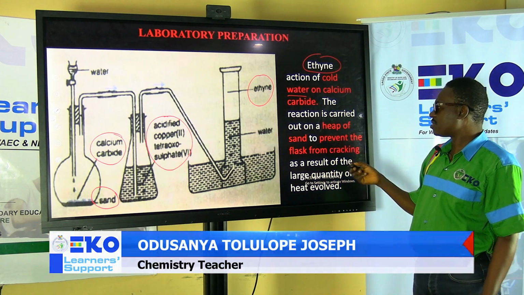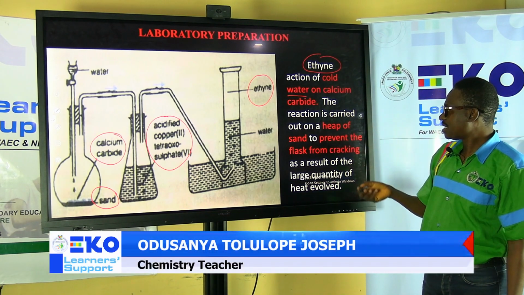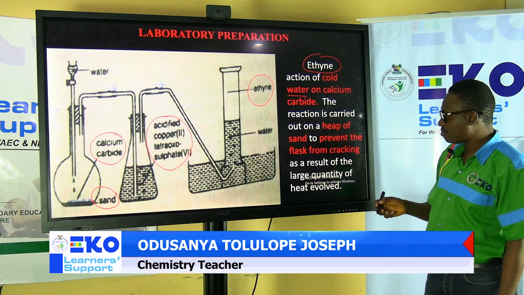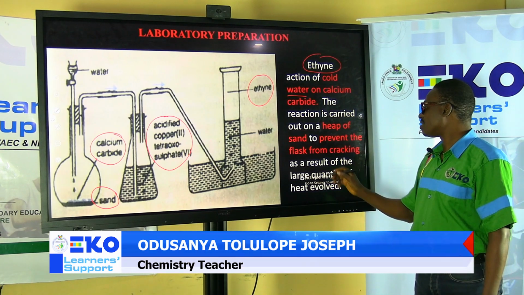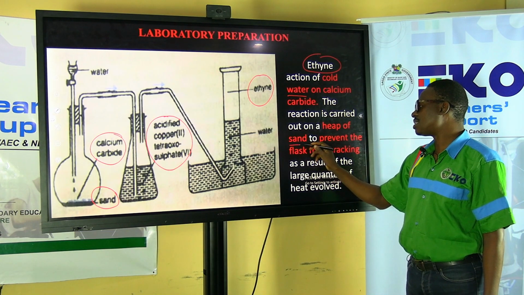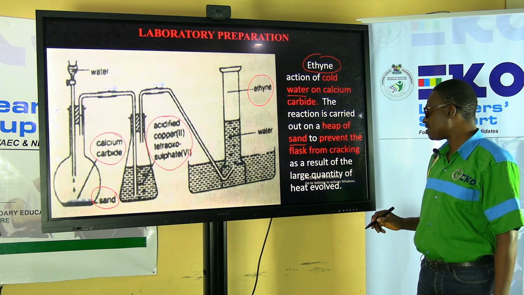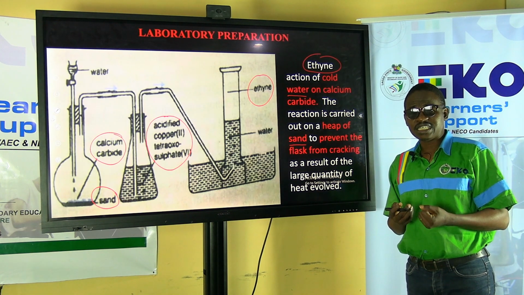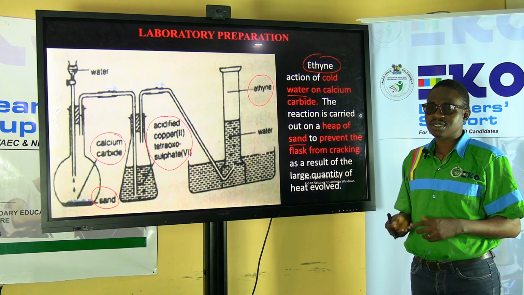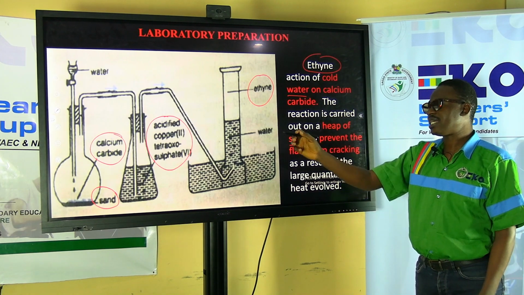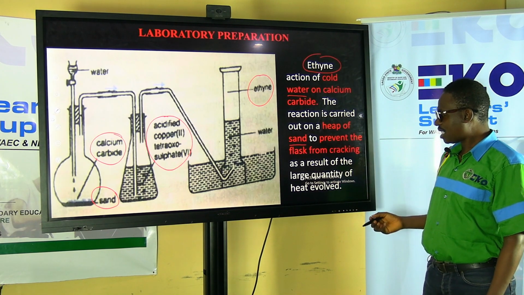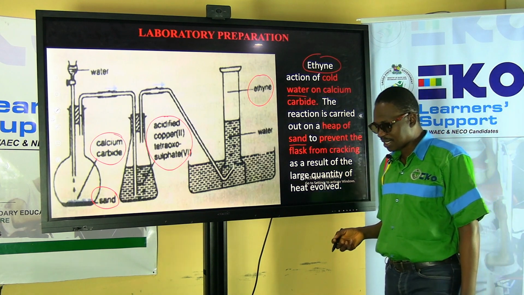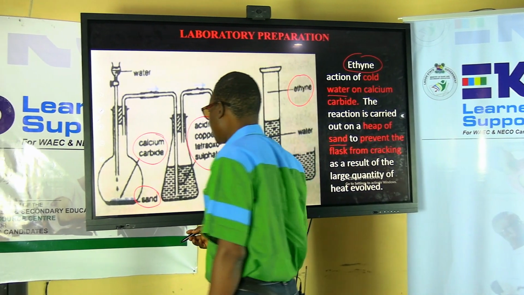And when this happens, what happens? The reaction is carried out on a heap of sand. I've told you why we are using sand, in order to prevent the flask from cracking. So what the sand will do is to absorb the heat that is being generated when the cold water is added to calcium carbide. And what happens? Ethyne is being generated.